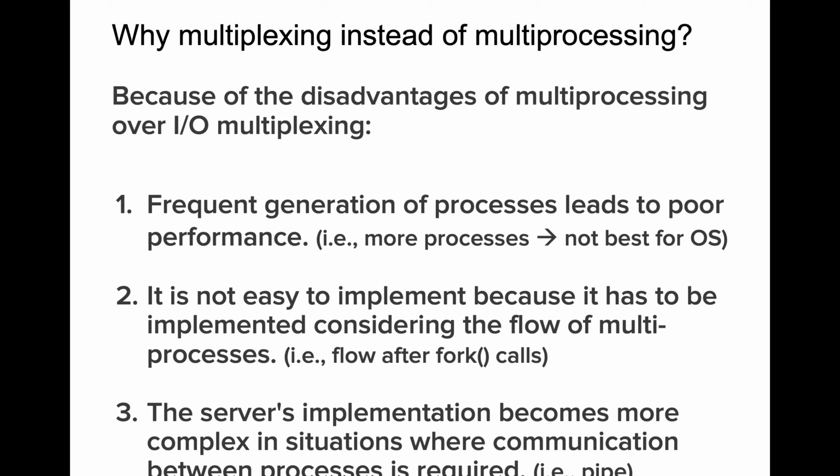Otherwise, it would be the parent process. That makes our job of implementation more difficult than considering only a single process. So that is one of the disadvantages of multiprocessing over multiplexing, because in I/O multiplexing we are only considering one process that handles multiple clients.